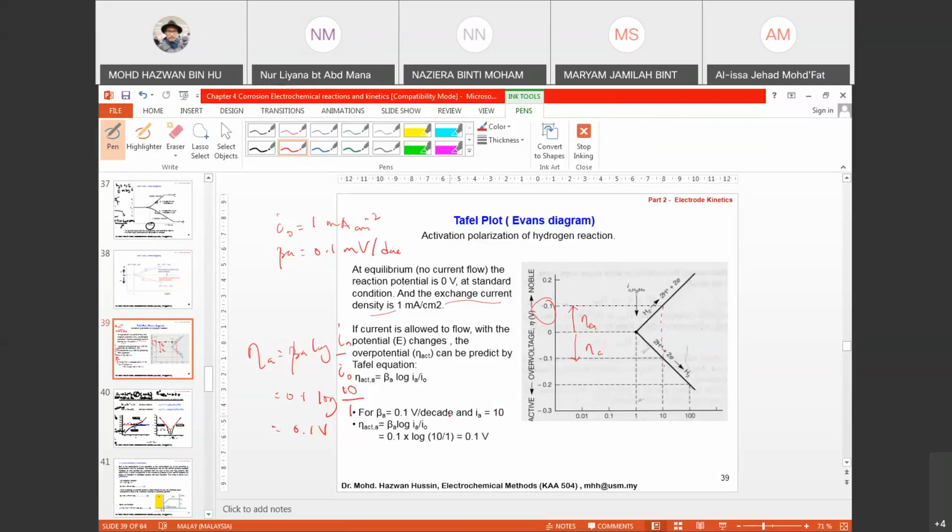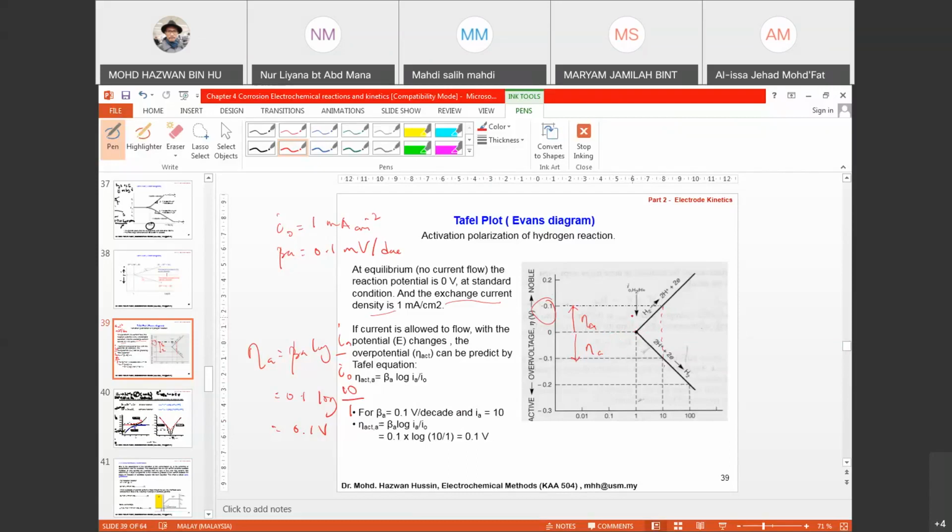Okay. Is this at equilibrium? Actually, to say that it's equilibrium is not really right, because if it is in equilibrium, it will be zero, because at equilibrium, no overpotential occurs. Overpotential occurs means that you actually vary the potential value and you will get different current values.